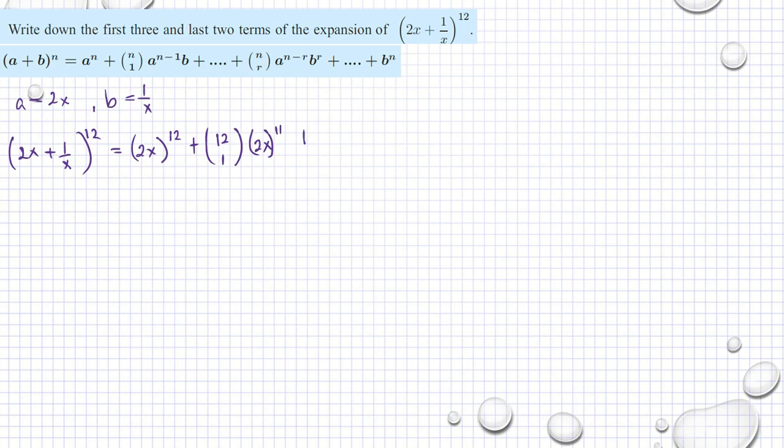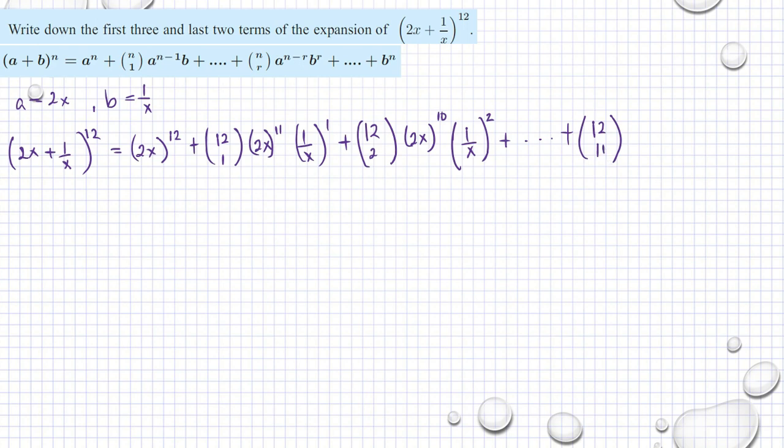B is 1 divided by x raised to 1 plus 12 taken 2. And then we have our 2x, this time is raised to 10, and then multiplied by 1 divided by x raised to 2 plus we have 12 taken 11.